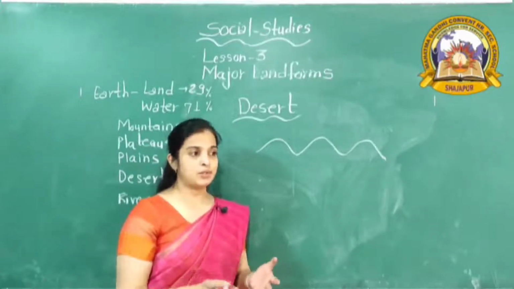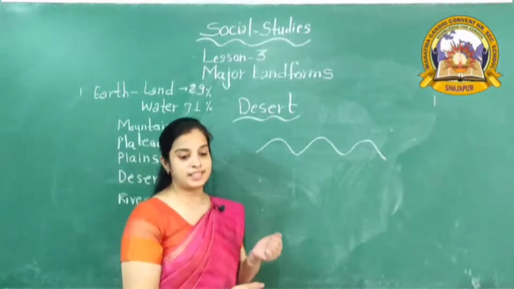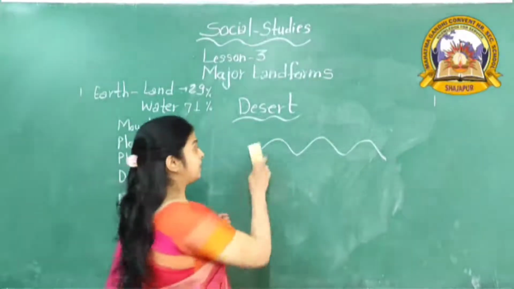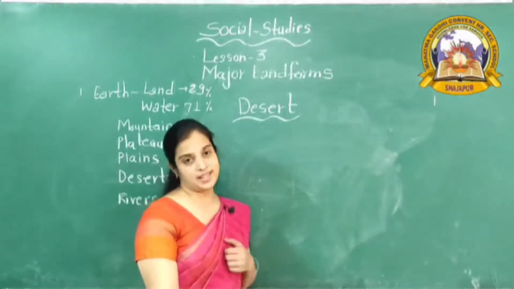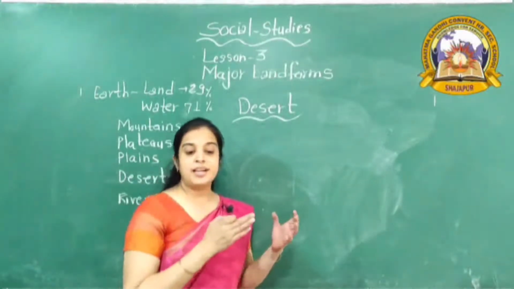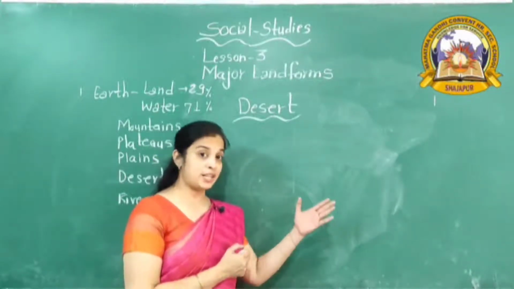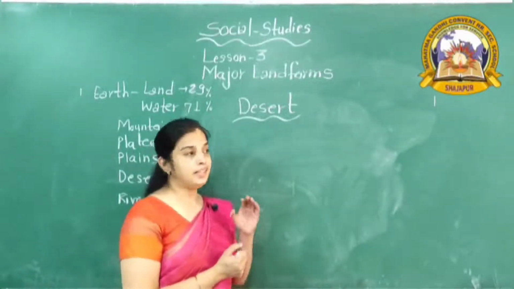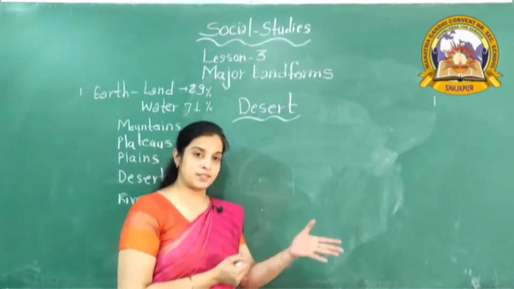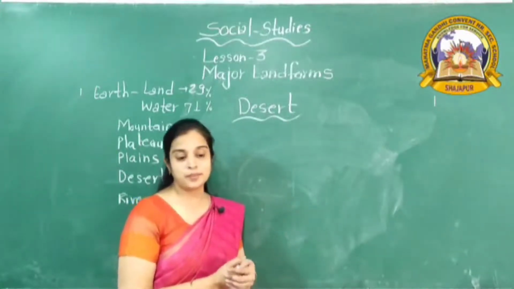If anybody asks you what are the features of desert, so these are the features of desert. Very hot days and cold nights, and frequent dust storms. We find sand dunes, small hills of sand, and little vegetation due to less rainfall. पेड़ पौधे बहुत कम होते हैं क्योंकि बारिश बहुत कम होती है.